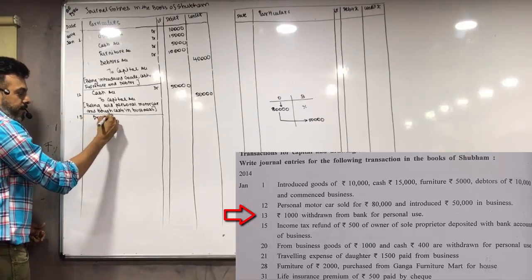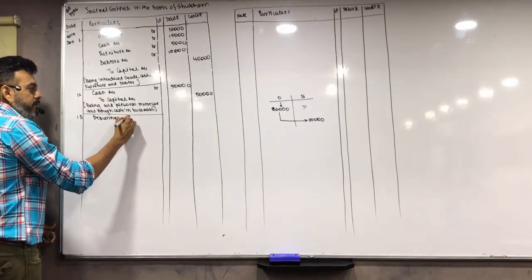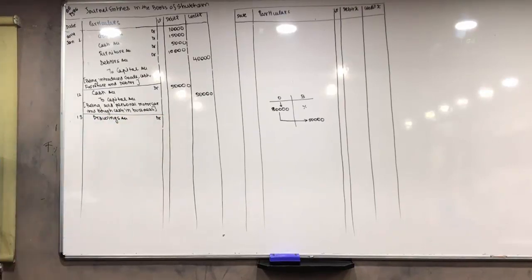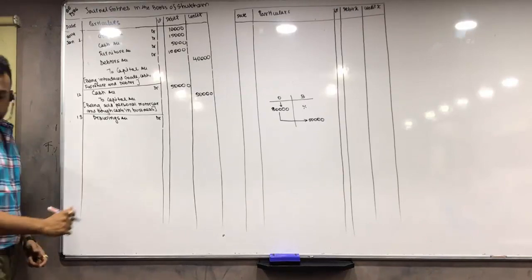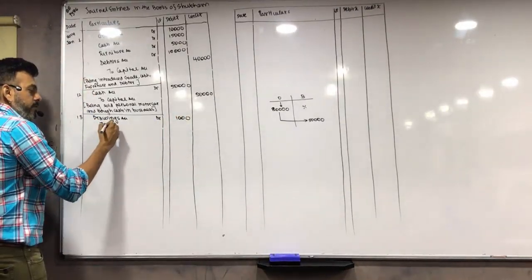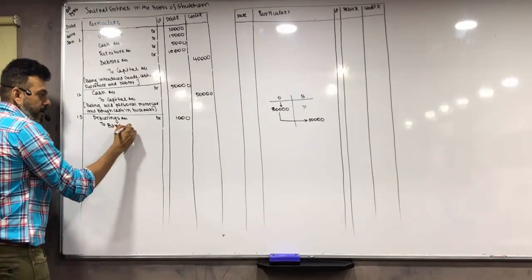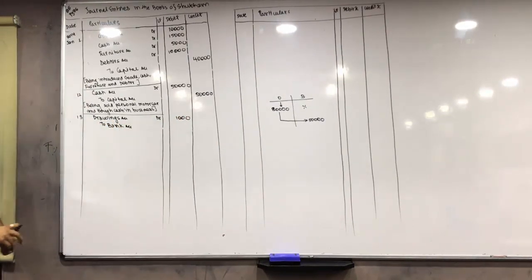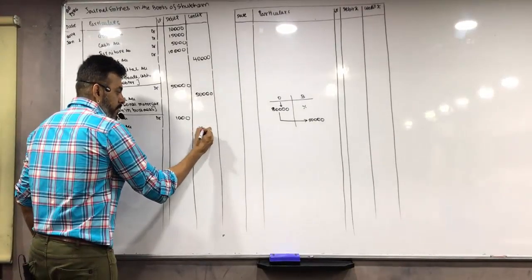Drawings account debit, amount is 1,000. Amount goes from the bank account. Bank is the giver. Bank balance decreases by 1,000.